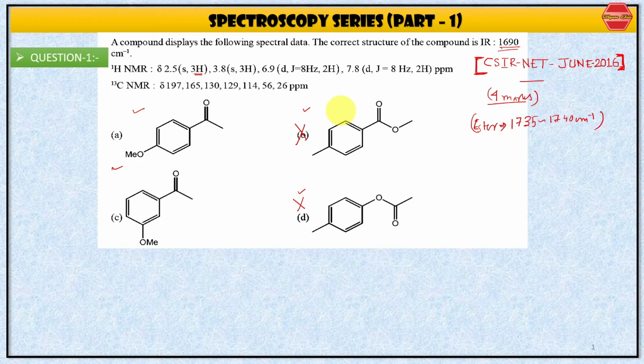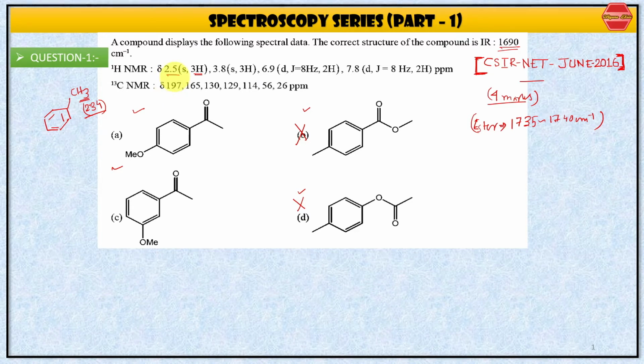If we have this kind of structure, that is toluene, then the toluene methyl protons, these 3 protons, show the value 2.34. But the value given to you in the question is 2.5.